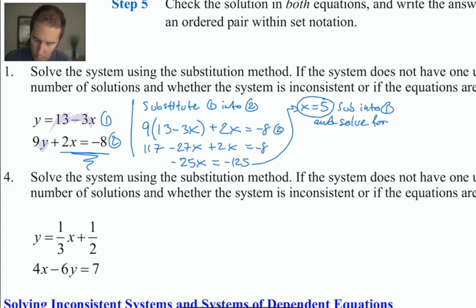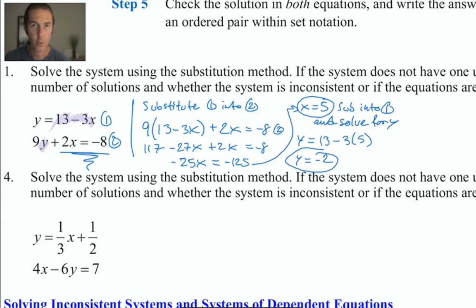Solve for y. Okay, so here's equation number 1. Y equals, that's convenient, 13 minus 3 times not just x, but we know that x is a 5 now. So 13 minus 15 equals negative 2. Y equals negative 2. We've got our x value and our y value.